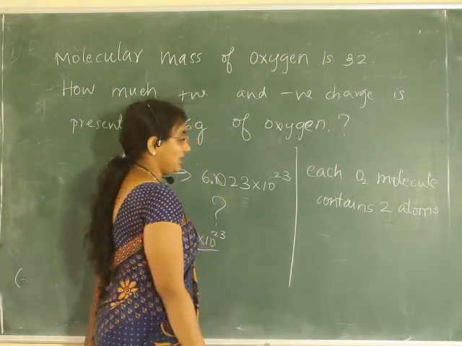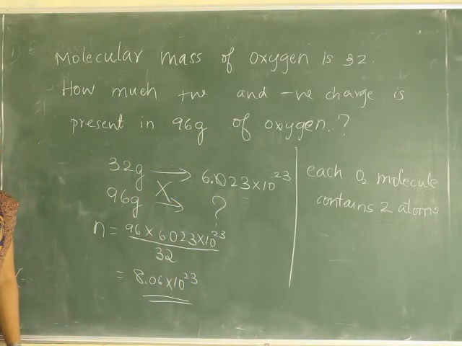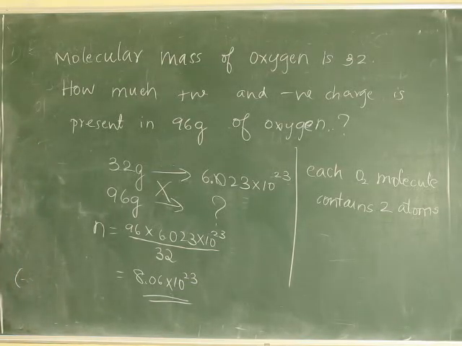So I can say 8 protons and 8 electrons. 8 into 2, because 2 atoms are there. So 8 into 2 is 16.